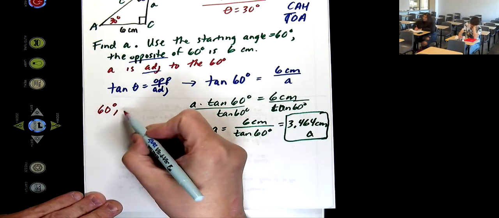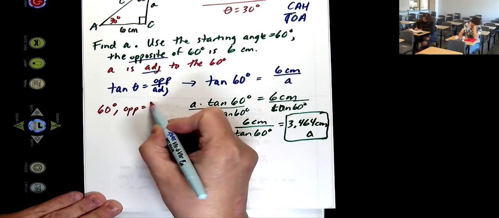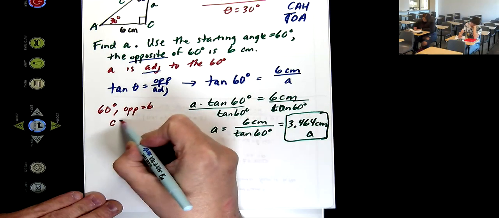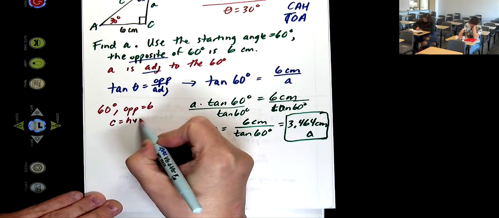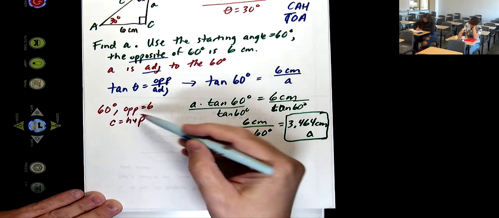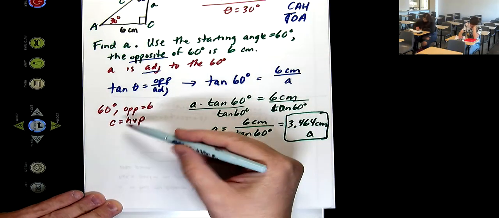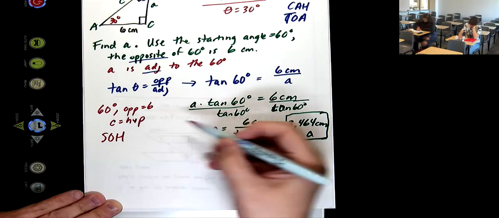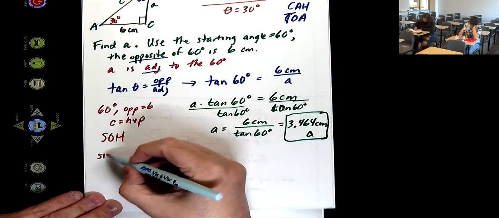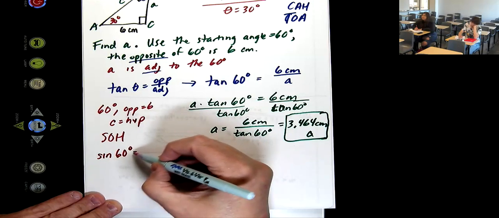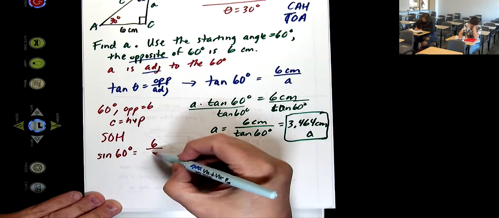I have opposite, which is 6. And I want C, which is the hypotenuse. I want the one that has O and H in it. This is the SO one. So sine of 60 degrees equals opposite over hypotenuse.